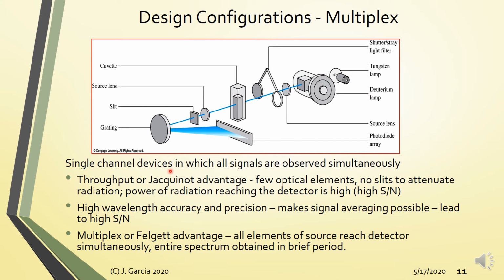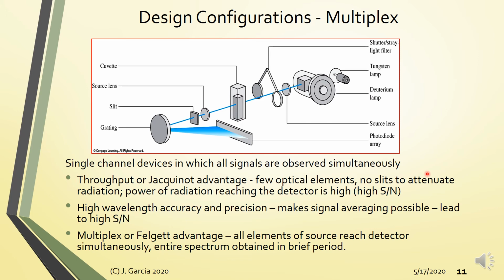And whenever it does that, it leads to lower power of the radiation going to the detector, and this causes a lower signal to noise ratio. But vice versa, if you have higher intensity of the radiation reaching the detector, this will lead to a high signal to noise ratio.